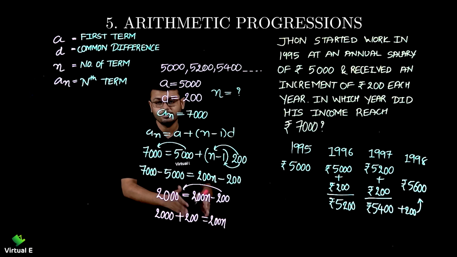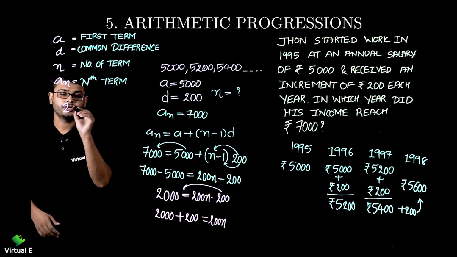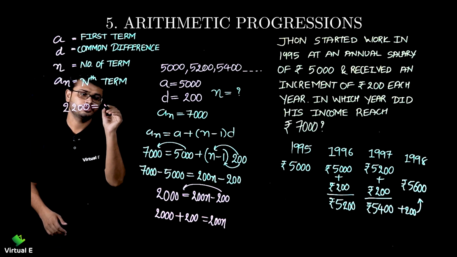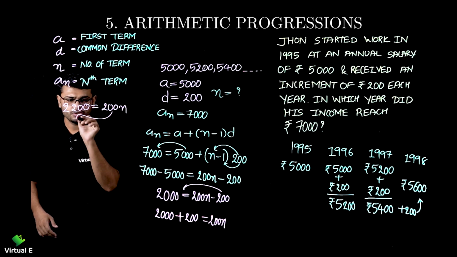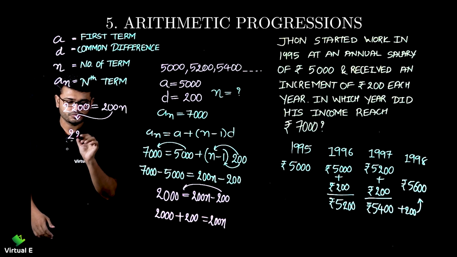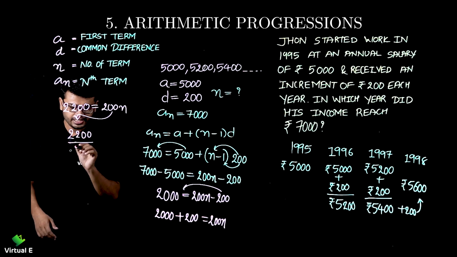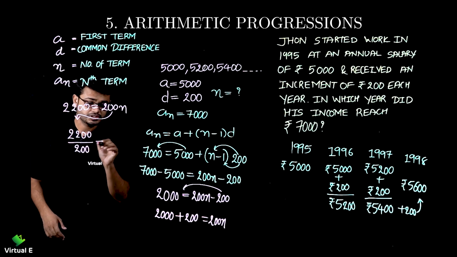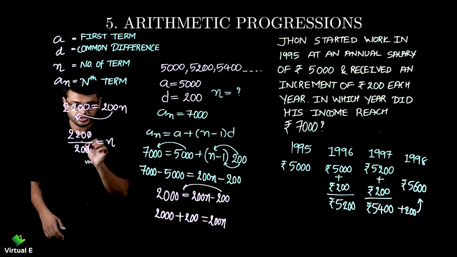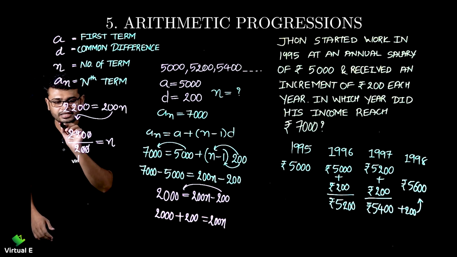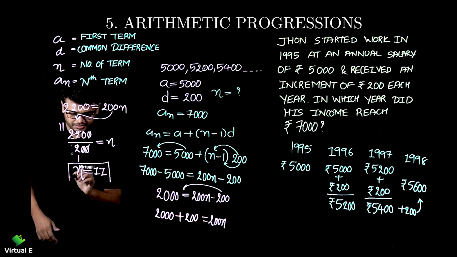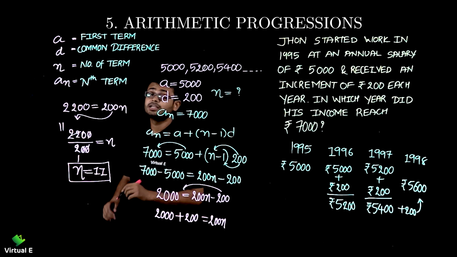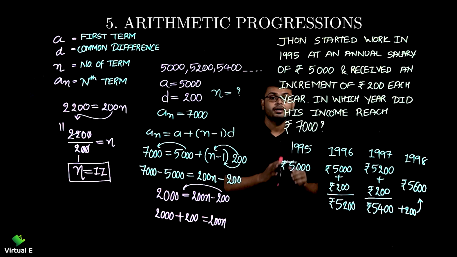So 2,200 is equal to 200N. Let's shift this 200 into the denominator: 2,200 over 200 is equal to N. So N is equal to 11. After 11 years, his salary will be 7,000 per year.